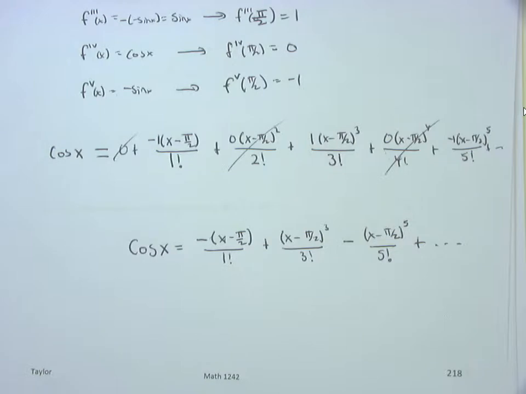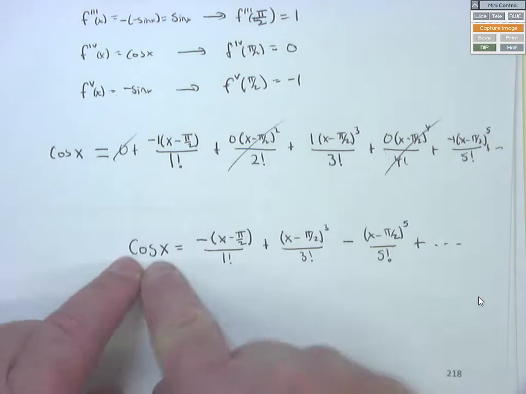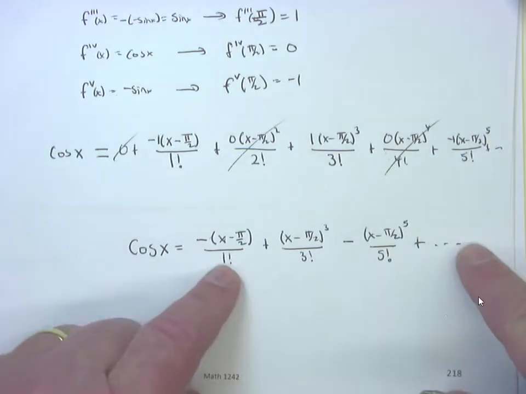Does that make sense? This is your Taylor polynomial centered at pi halves.